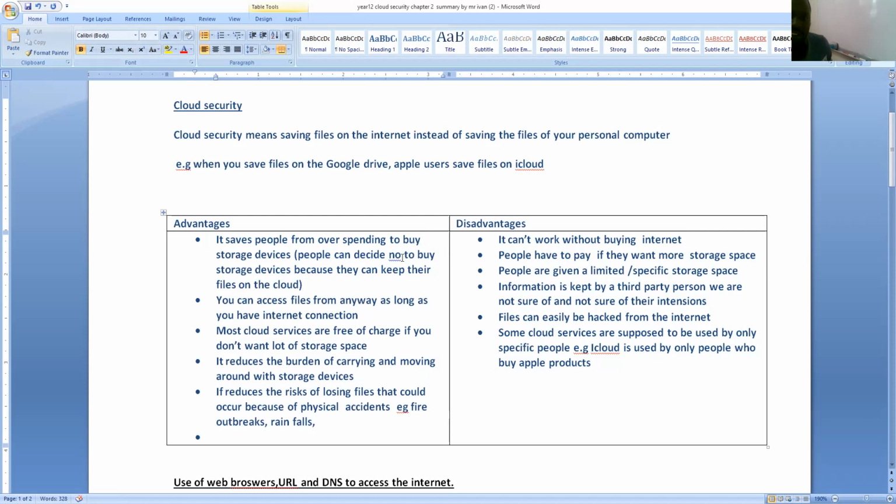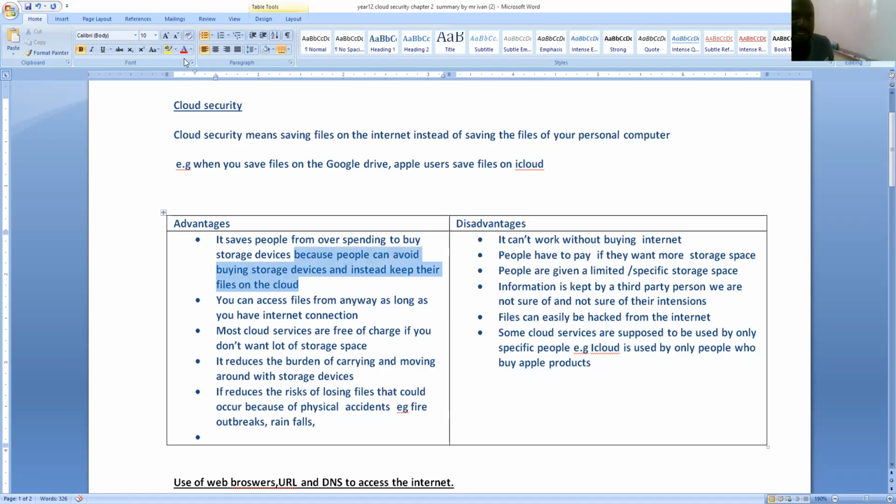So people can avoid buying storage devices, which helps them save money. Let me add this down: because people can avoid buying storage devices and instead keep their files on the cloud.